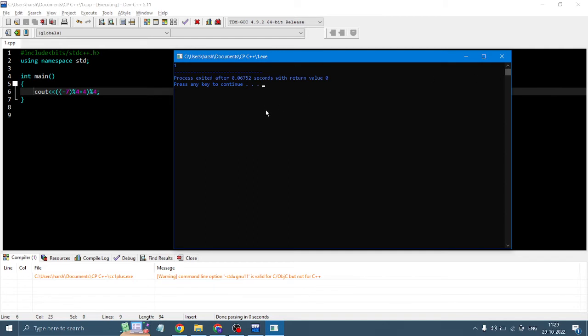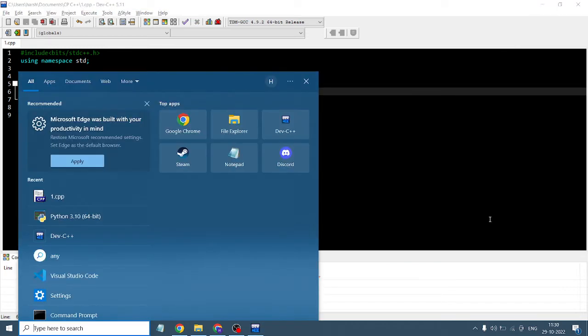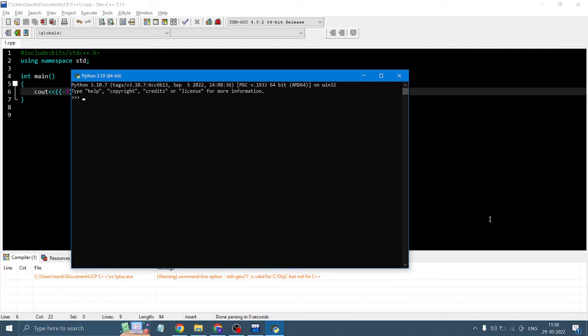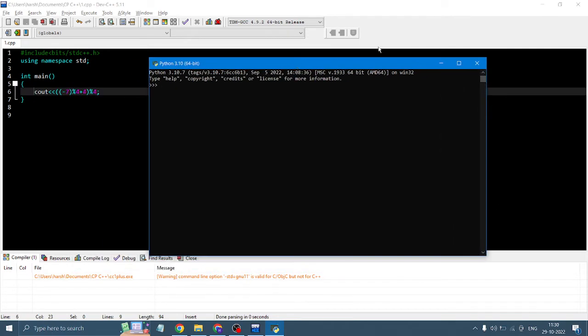In cases where you want the remainder to always be positive, you add the same number n and then you take the mod of it again. So this is in C++. In Python, we don't have to do this. In Python, if I show you, this will give us the required answer. In Python, mod is positive.